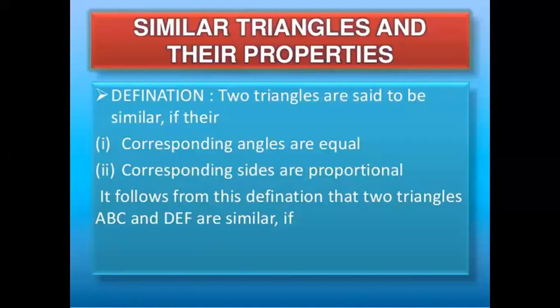Definition: two triangles are said to be similar if their corresponding angles are equal and their corresponding sides are proportional. It follows from the definition that two triangles ABC and DEF are similar if... So if we talk about similar triangles, then we can say that they are similar if their angles correspond, if each angle corresponds with the other.